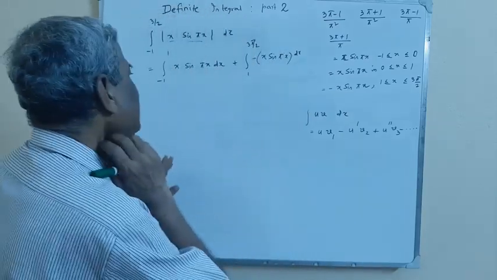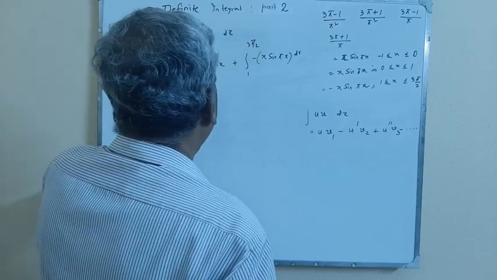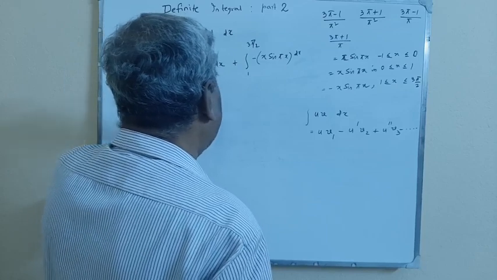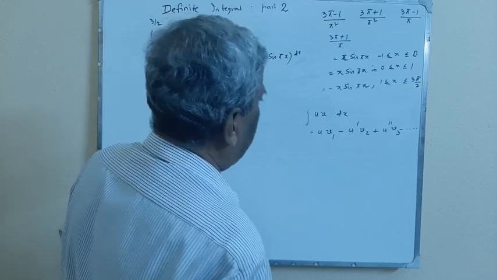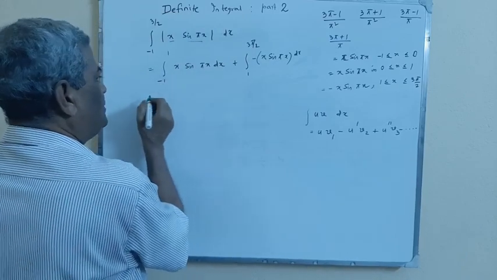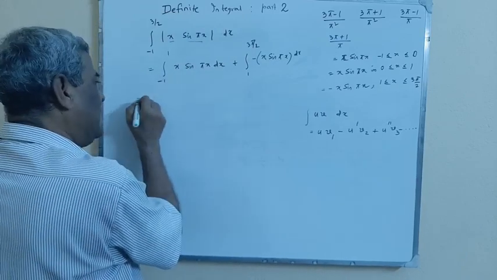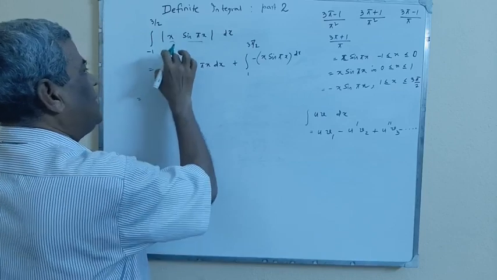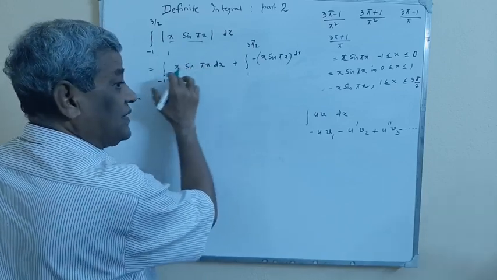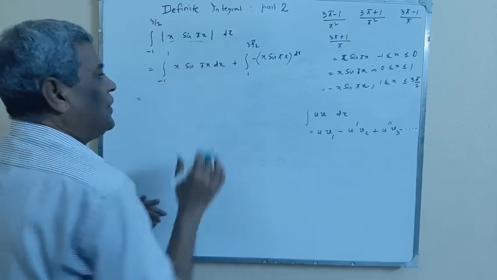In that case, let us take x is equal to u and sine pi x is equal to v. So in that case, this is equal to, first of all, it is a symmetric interval, and this is an even function of x.